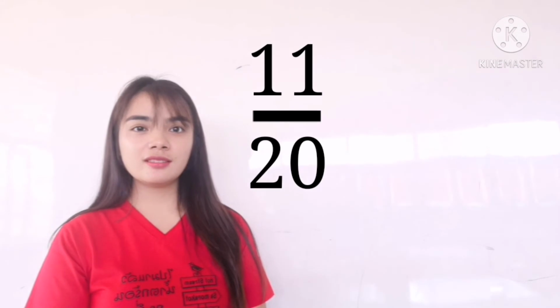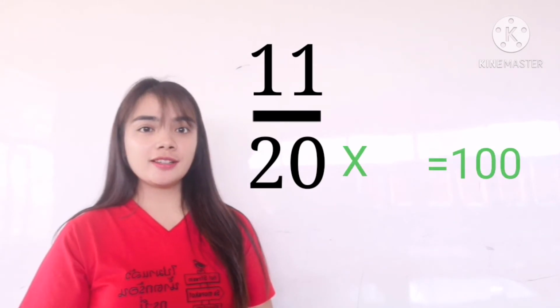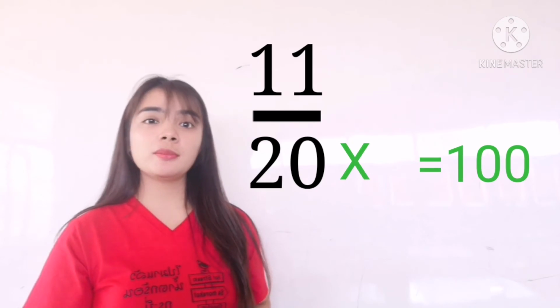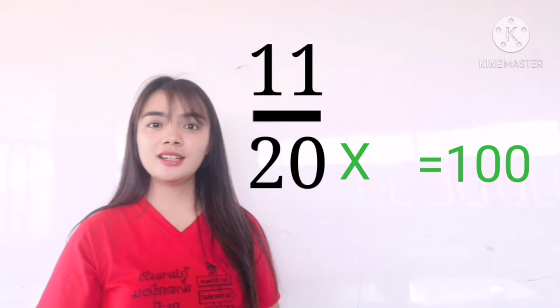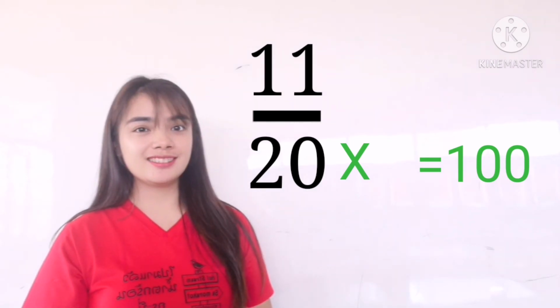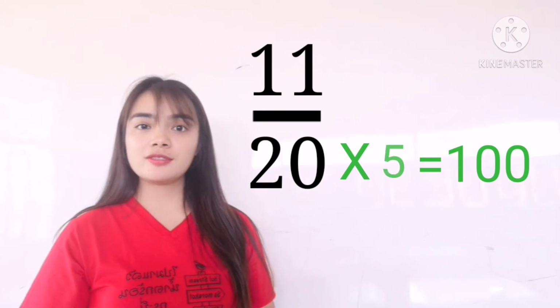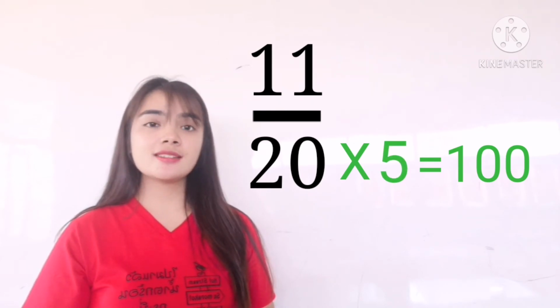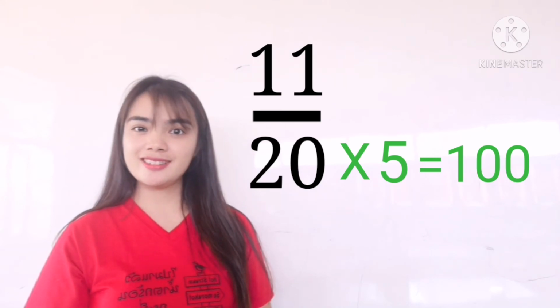Another one, we have here 11 all over 20. So we need to find a number that we can multiply it by 20 to make it 100. So what do you think? So it is times 5. So 20 times 5, that is equals to 100.